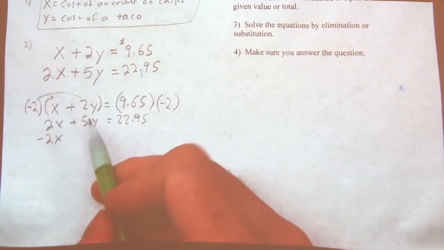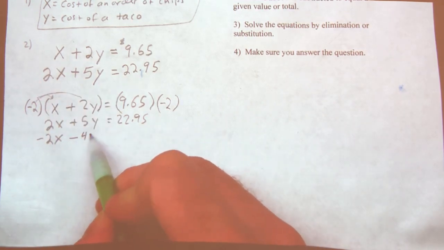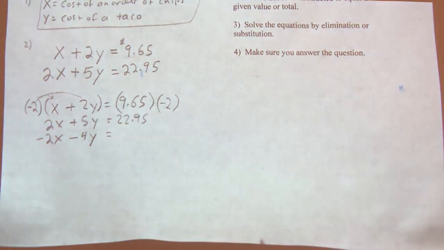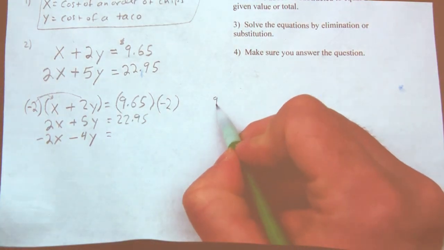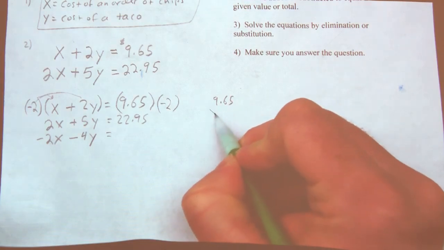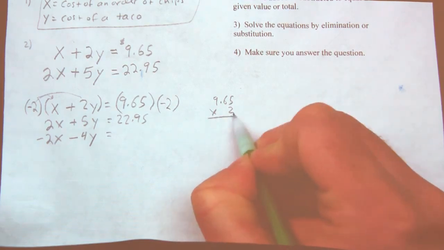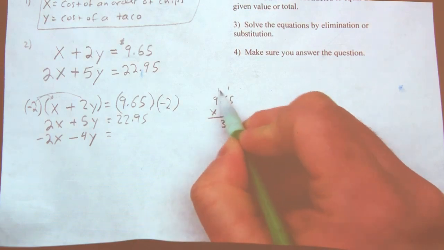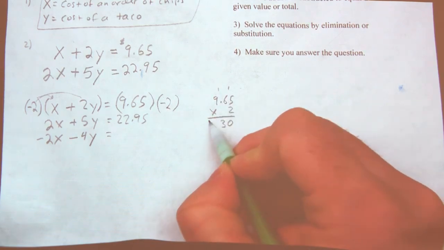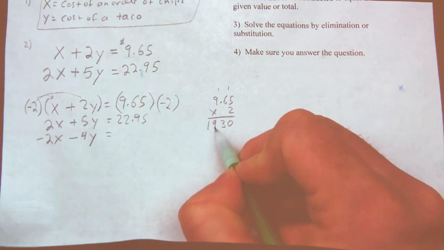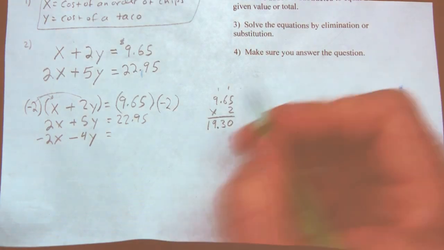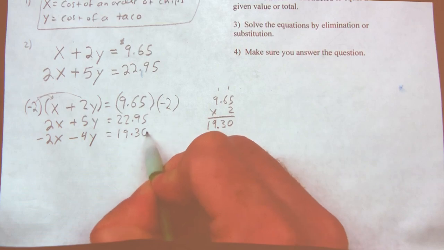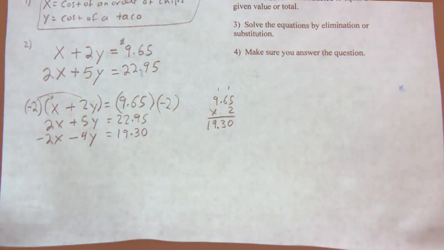And negative 2 times 2y becomes negative 4y. And then negative 2 times 9.65. We'll go over on the side here and do that calculation. So this is 19.30. I'm going to leave it as 19.30 because we're using money.